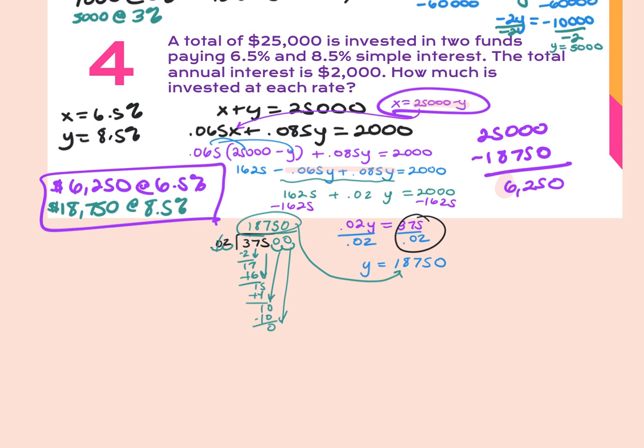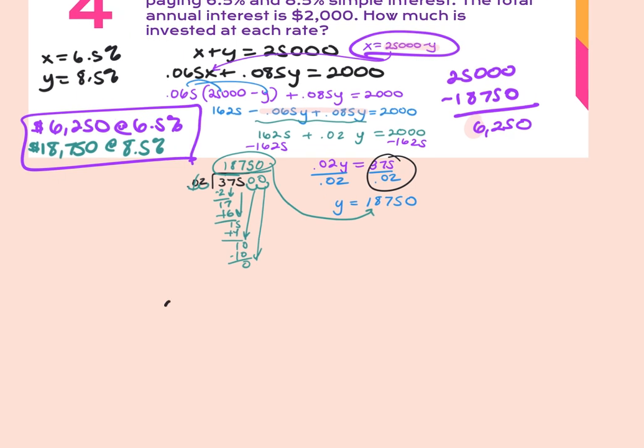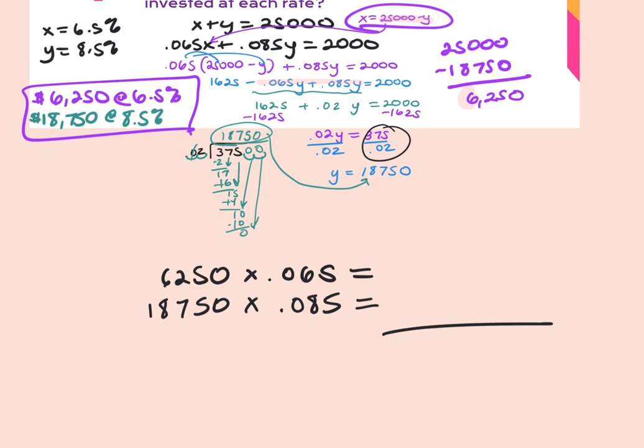So here's what else is pretty easy to check on these. If I, in my calculator, do 6,250 times 0.065, because that's how I would multiply the percent, and then I did 18,750 times 0.085, and I add those two together, I should get that 25,000.